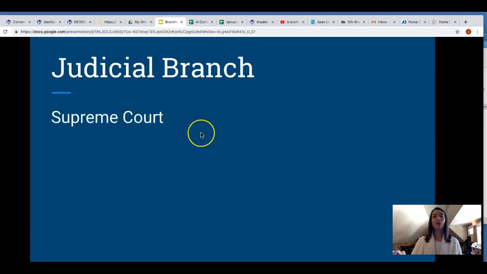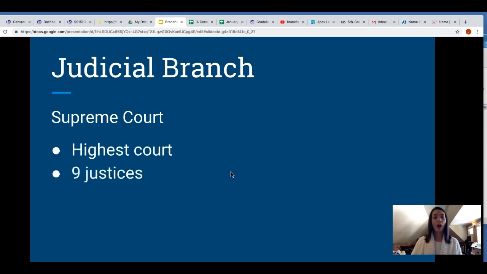Okay, so let's talk about the Supreme Court. We said already that it is the highest court of the land. That is true. On the Supreme Court, there are nine Supreme Court justices. I think in the beginning there were actually six, but for quite some time we have had nine judges on the Supreme Court. Here's our word interchangeable again. A justice, a judge, same kind of word.